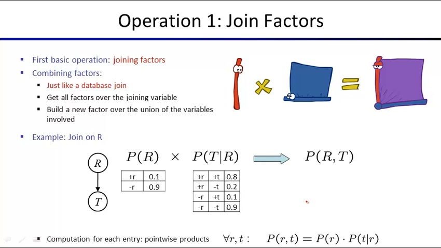And the way you compute the entries in the new table is by looking at the corresponding entries in the original tables and multiplying them together. This can be happening for two tables, but you could have 5 tables that are joined together. You end up with a bigger new table typically. And again, you follow the same procedure. Line by line, you check what are the consistent entries in the original tables, multiply them together. That gives you the new entry in the new table.